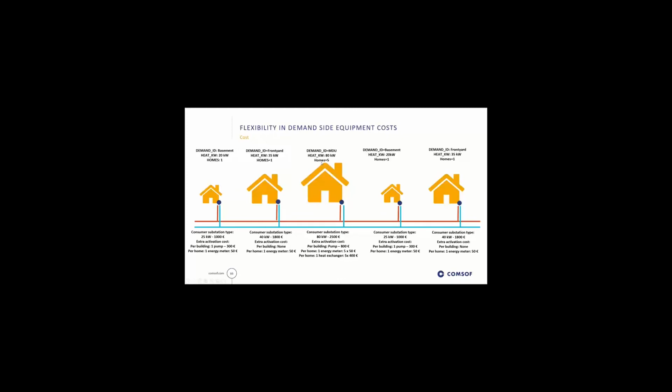So we have, for example, a building with 5 homes. You see here that one energy meter is going to be 5 times this 50 euros. You also have an additional heat exchanger that is again 5 times 400 euros. So you see that depending on the building types, the settings will be different as well.